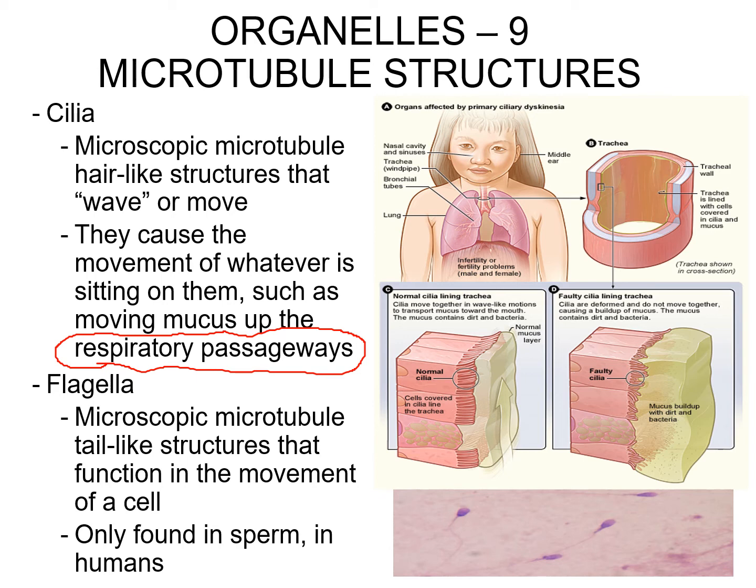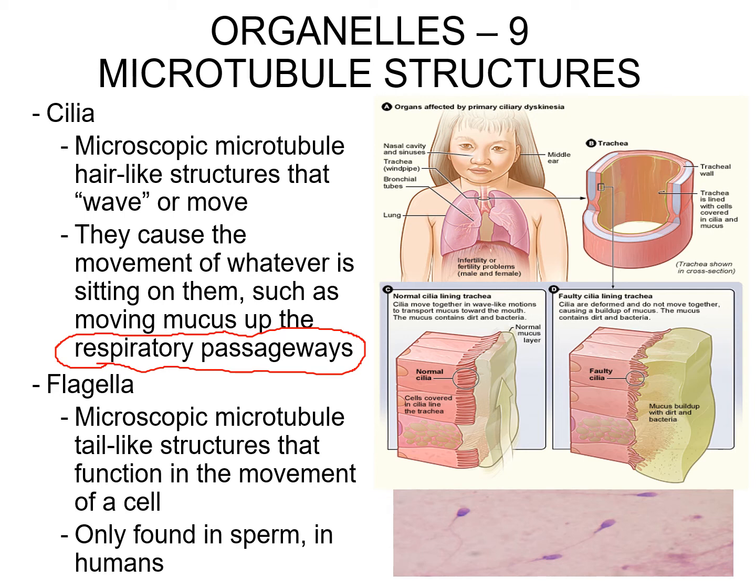Specifically in our upper chest area, any mucus or bacteria or fungus, any bug that gets caught there, they move that material up towards our throat and mouth area. A lot of times this is what causes our cough reflex, the tickling of these thousands and thousands of cilia moving back and forth.